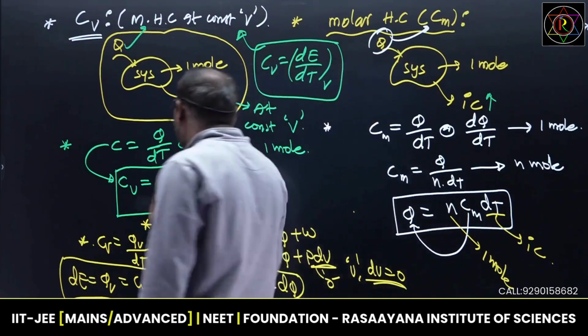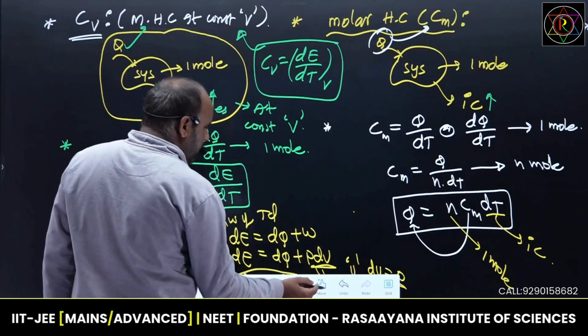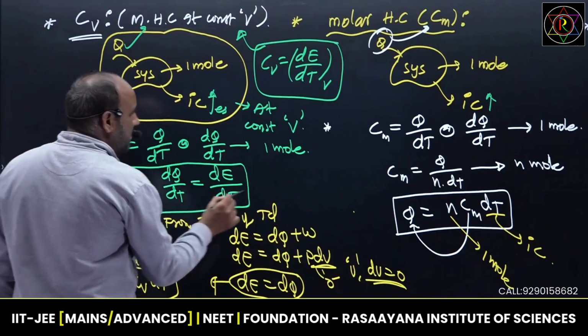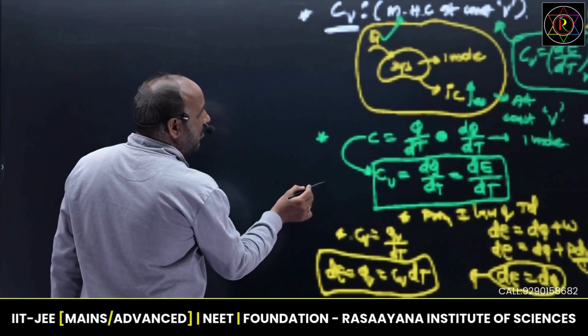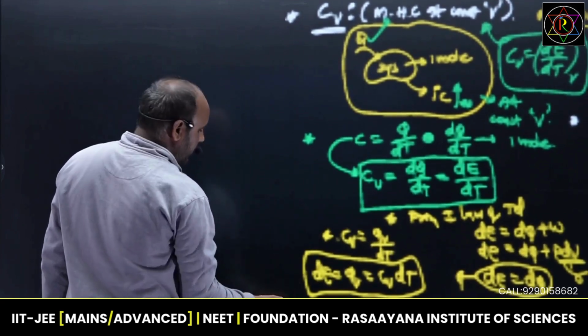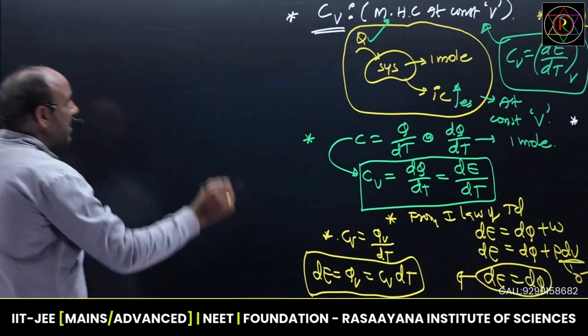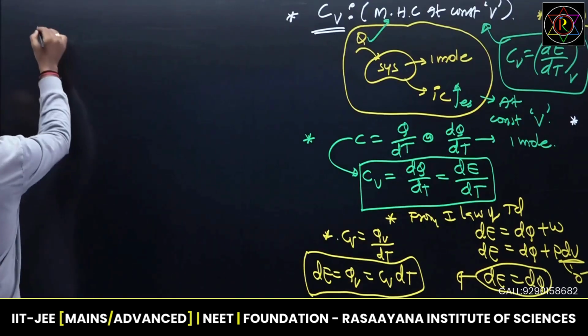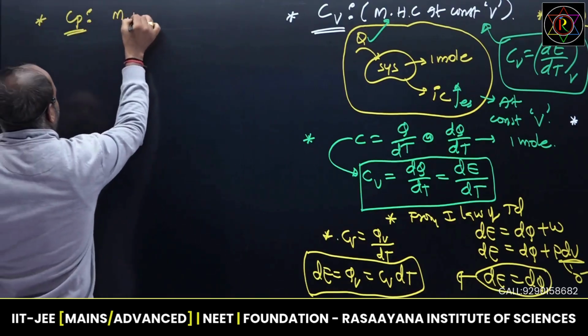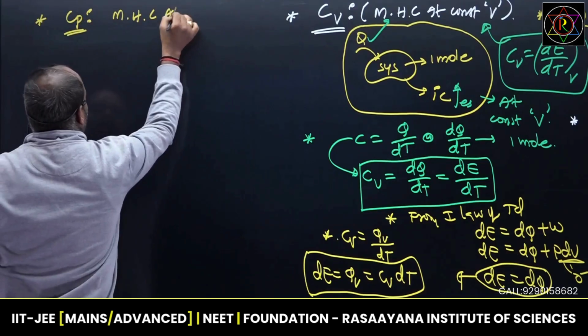So similarly Cp, the same process will be carried out at constant pressure. This entire process is carried out at constant pressure. So that is known as Cp, the molar heat capacity at constant pressure, right?